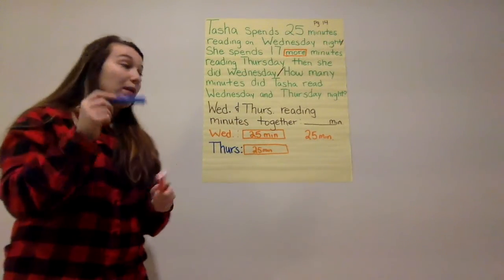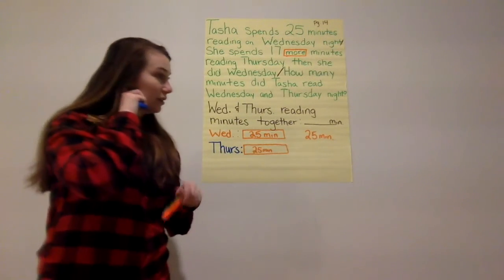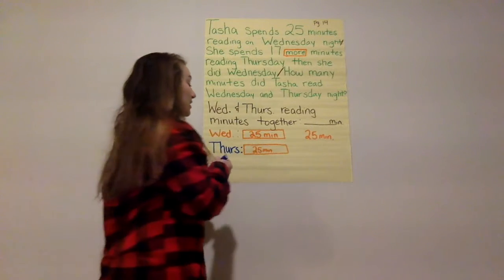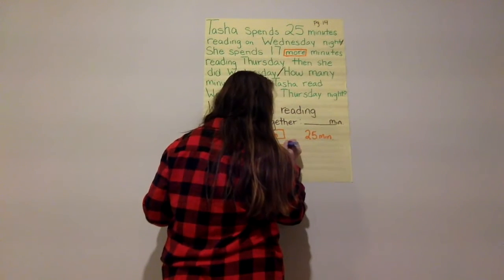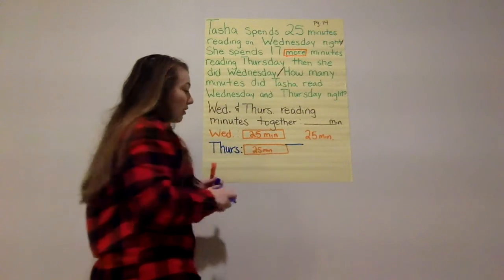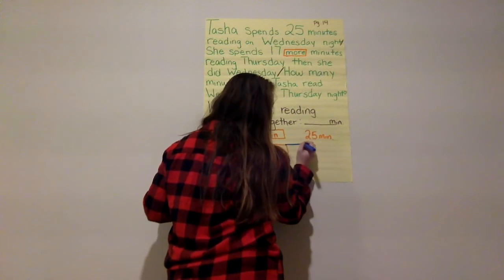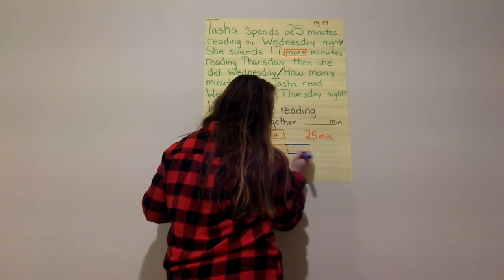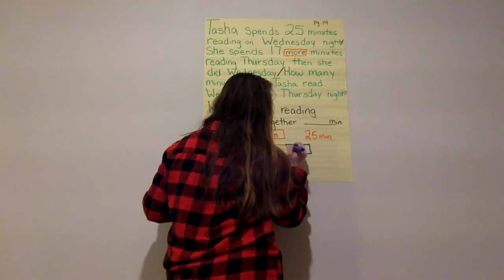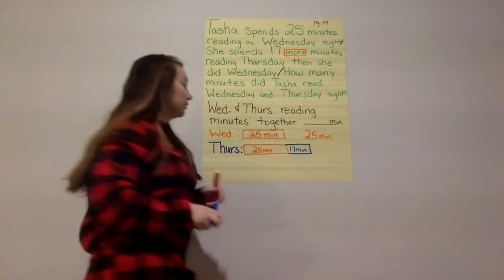And now I'm going to take my blue from my Thursday and add how many more? 17 more minutes. All right. So I know 17 is smaller than 25, so my bar should be smaller than this orange one. And I'm going to label that 17 minutes.